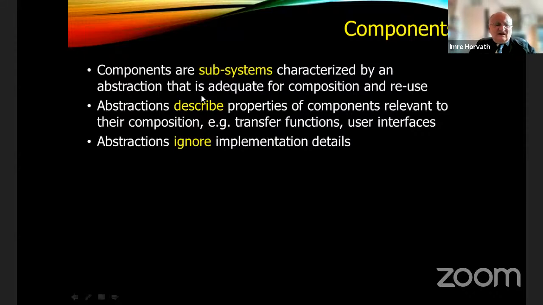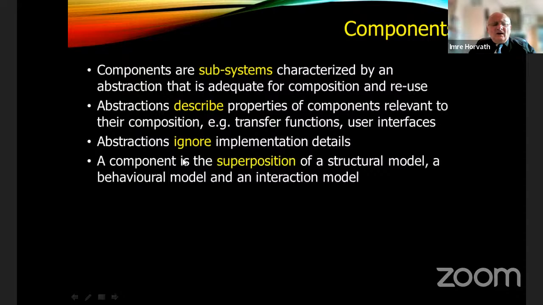For instance, I mentioned that there can be even subsystems, but in working with this sort of complexity, we typically use abstractions which describe the properties of the components relevant to their composition, transfer functions, user interfaces. But obviously, this abstraction ignores the implementation details.